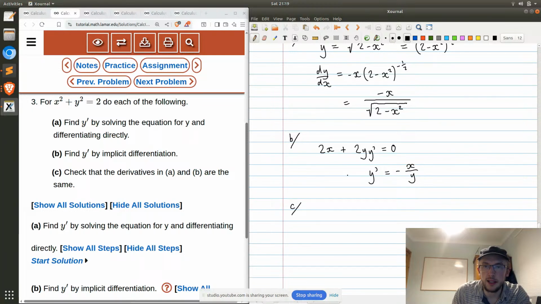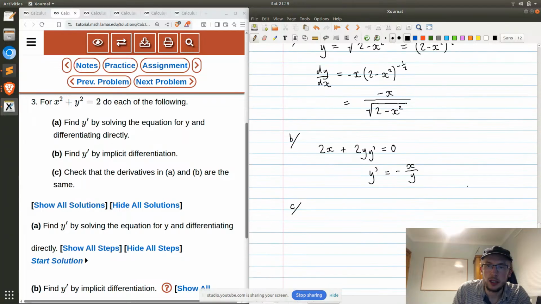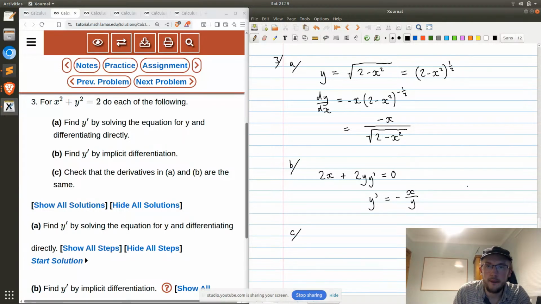And for part C, we must replace y with what we found in part A, an expression for y.